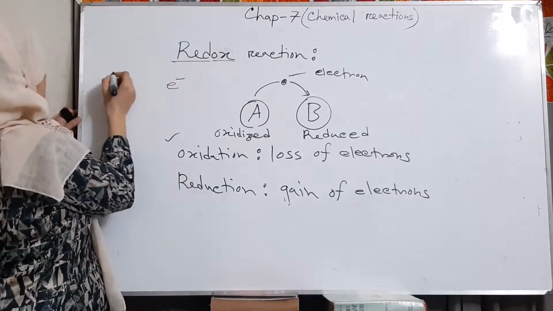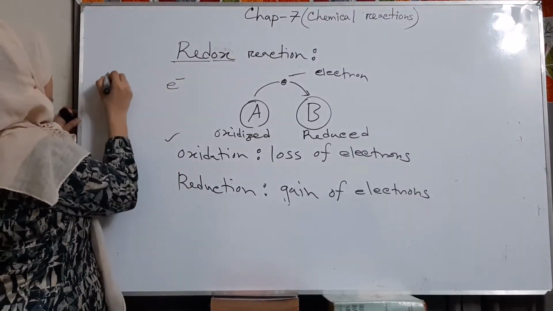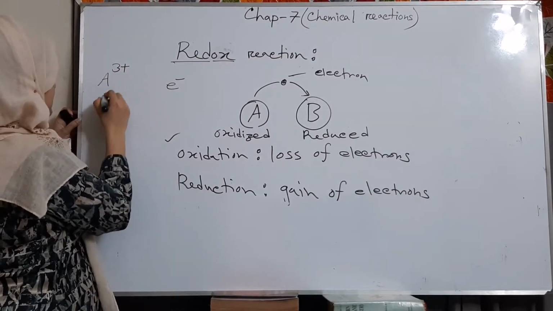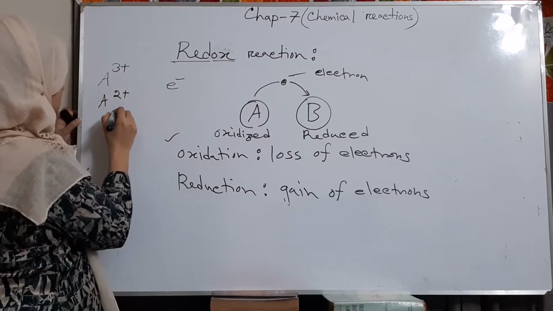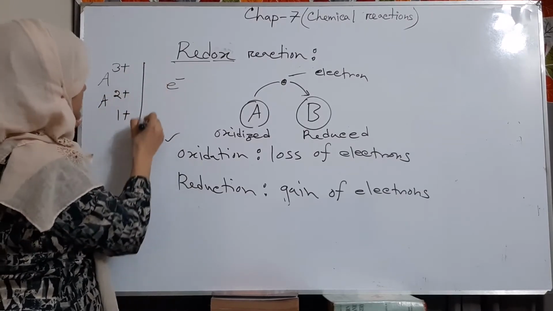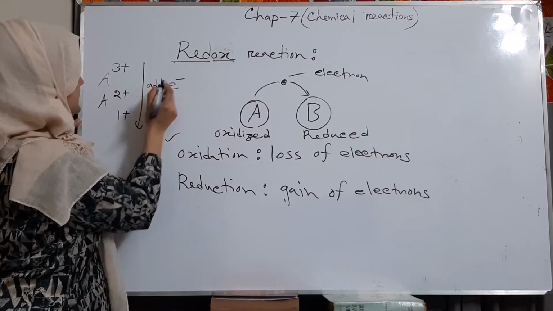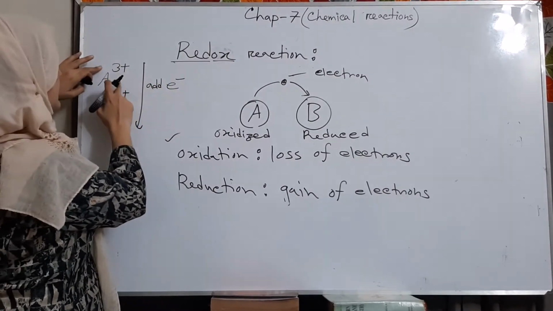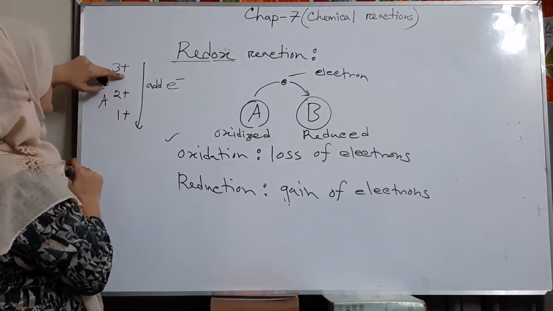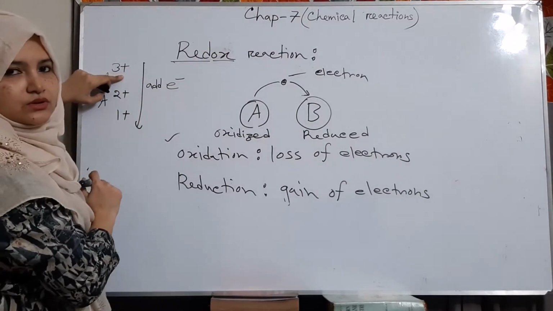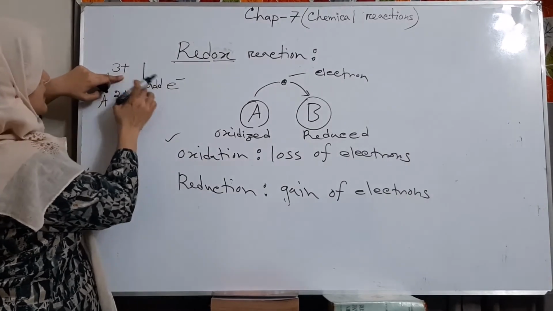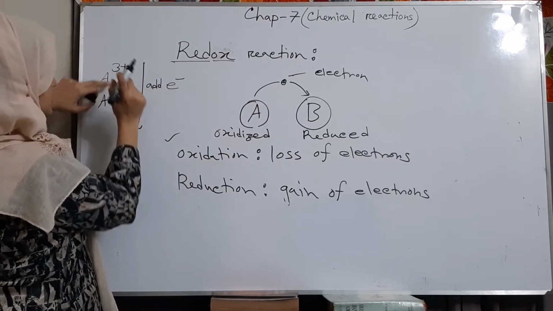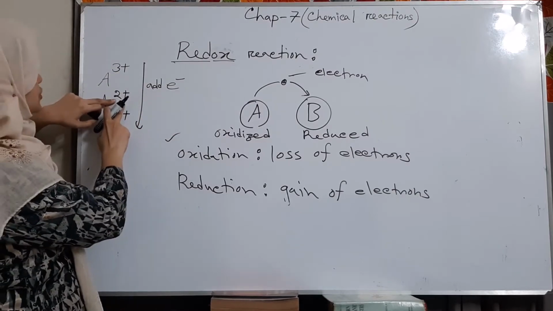Suppose any atom with a +3 charge. As we add an electron to it, the charge on it is reduced. One negative charge added to +3 will reduce it to +2.